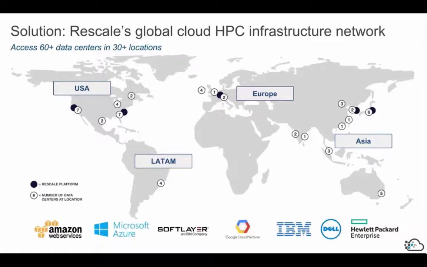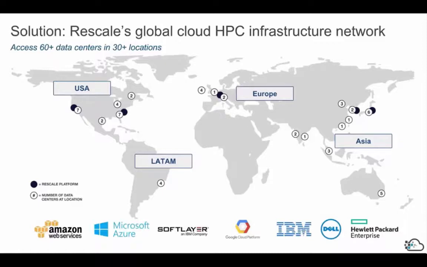In addition, you can also use Rescale to access your own preferred data center provider, or you can connect Rescale with your own cluster. So you can use the Rescale environment to run simulations directly on your own cluster, as well as on a number of cloud providers on Rescale.